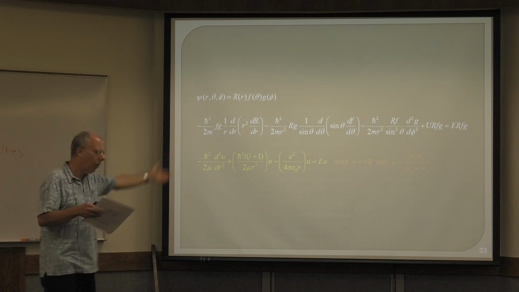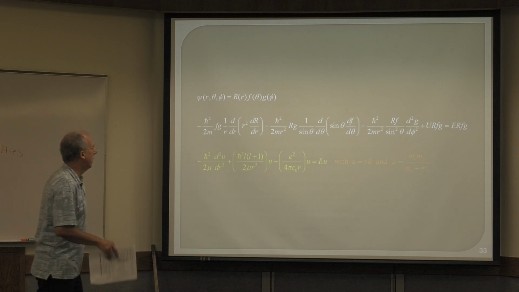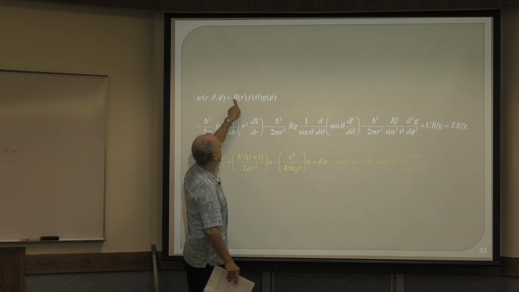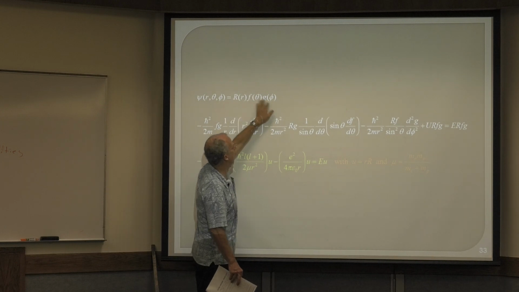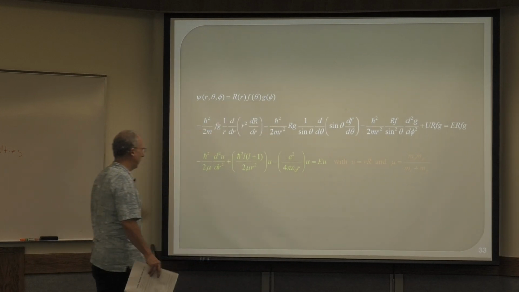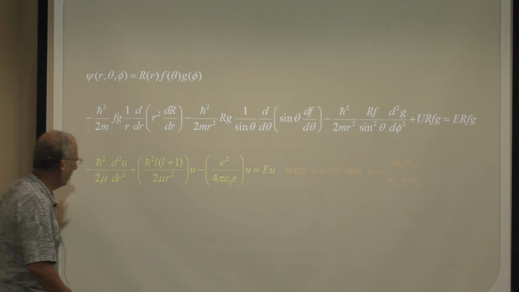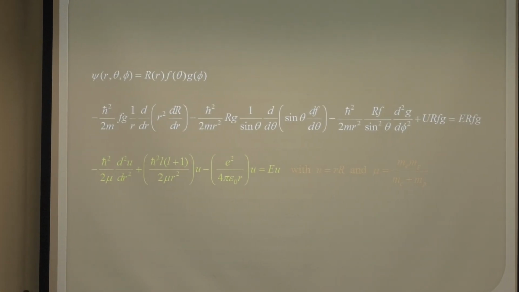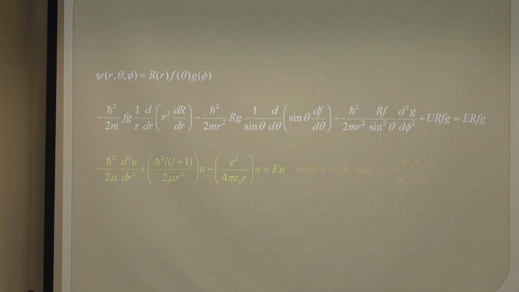We don't care about the angles. All we care about is the radius, so all we care about is this, right? We want to know the probability as a function of r. We'll let these vary. We don't care, we just let them vary. Again, don't worry about the math. I don't expect you to know how to do the math, but this is the equation you have to solve. That's just the radial equation.